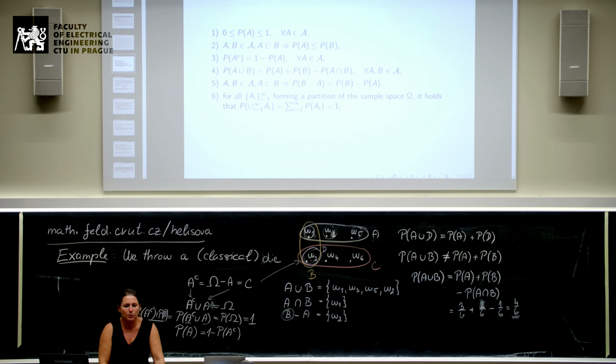Okay, property 5. Again, we consider one sub-event of another event, and there will be some situations when we need to calculate the probability of their difference. Now, for a while, let's forget our example with the die and imagine another situation.